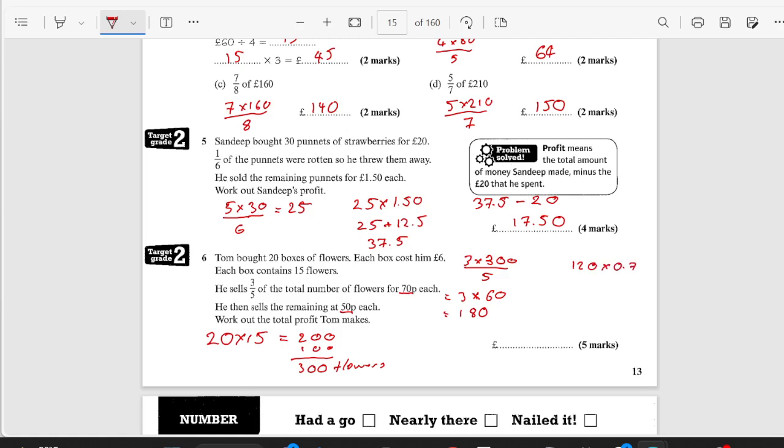So I'm going to times that by 0.5, so that's going to be £60 for those ones.